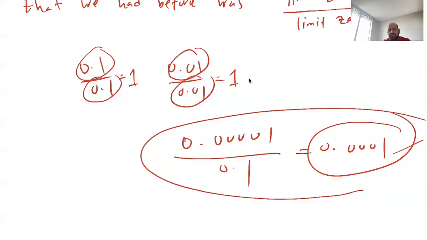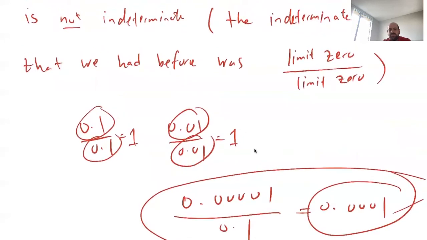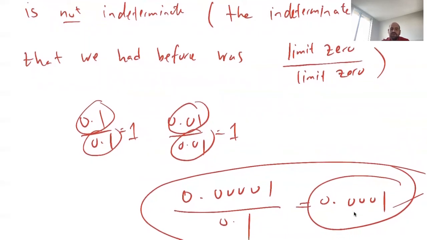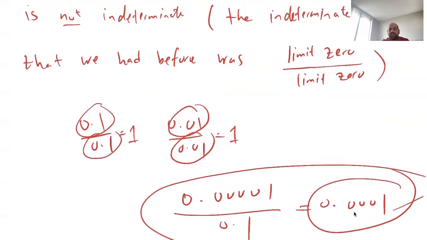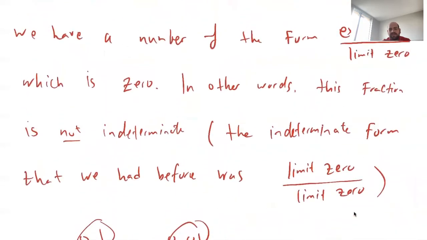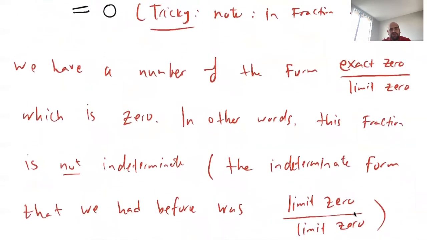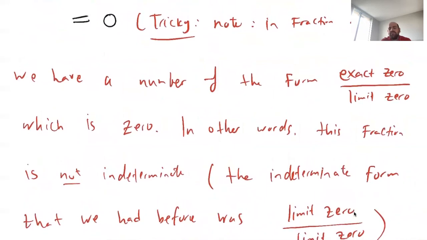So that's why we say indeterminate, because depending on the example and on the function, the answer could be 1, could be 0, could be infinity in some cases, could be 10, could be a negative number in some cases. It depends on the function, depends on the example. But when you have exact 0 over limit 0, then no, it doesn't depend on the example or the function. Exact 0 over any number other than 0 is always 0.